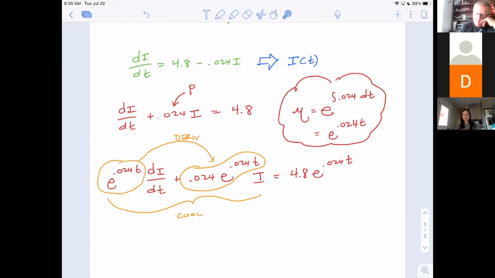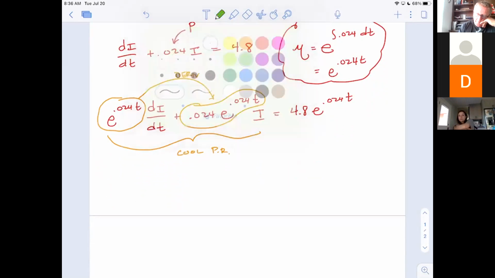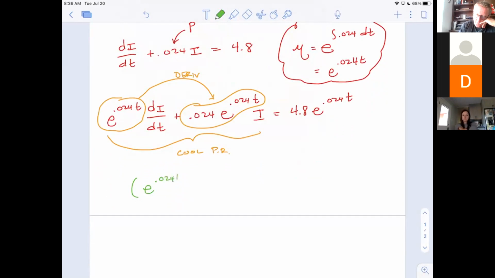So this really is sitting here as the power rule, which means we now have the luxury of rewriting this as e to the 0.024t times I. Remember, those are the non-derivative components of that. As we said yesterday, we're used to the power rule. When you take a derivative of junk times junk, we're used to going from two things multiplied, taking its derivative, and ending up with this power rule expression.